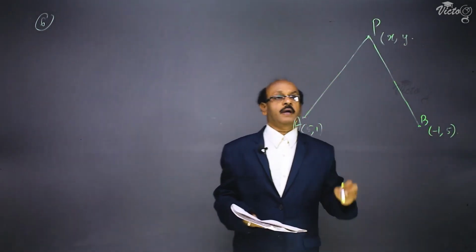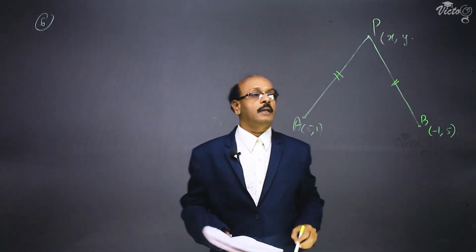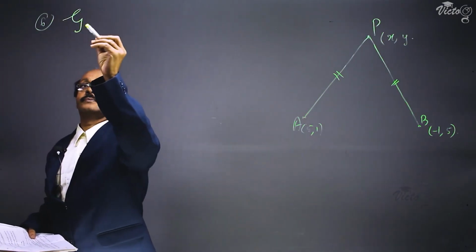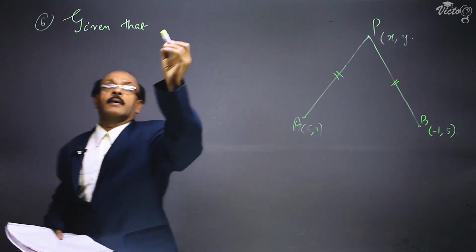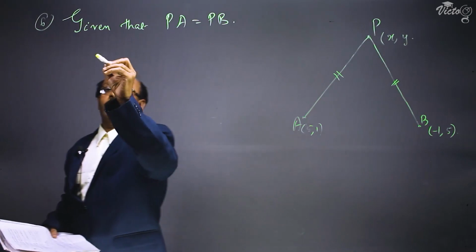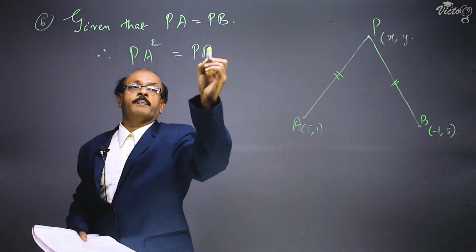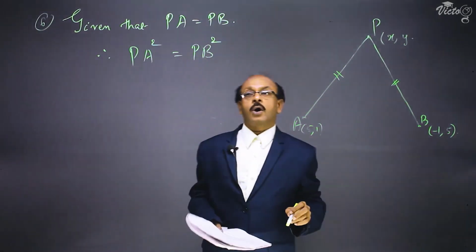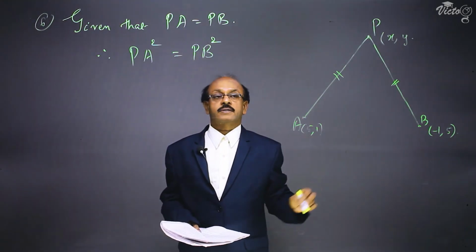It is given that PA is equal to PB. This length PA and this length PB are equal. Squaring, therefore, PA square is equal to PB square. The distance formula is the root of (x1 minus x2) the whole square plus (y1 minus y2) the whole square.